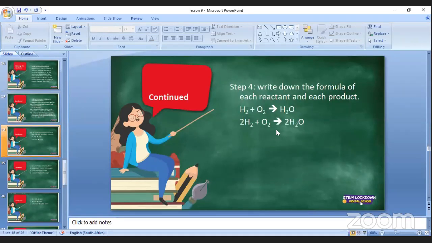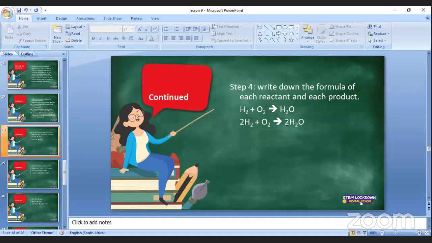Remember that our hydrogens are balancing here. Write down the formula of each reactant and each product. Hydrogens are 2 on this side and 2 on this side. Oxygens are 2 on this side and 1 on this side. Remember that this is a compound, so whatever coefficient you put will multiply both elements here.